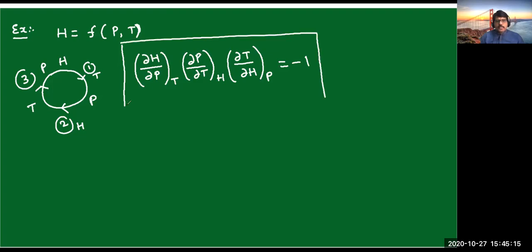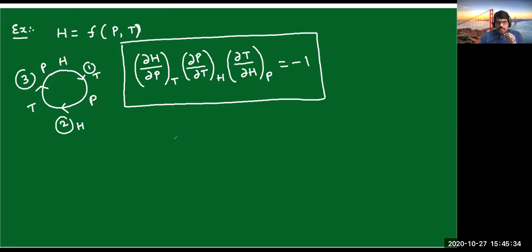But most importantly, whether the given expression is according to cyclic rule or not, how to identify. See, for example, in this, there are 3 variables: enthalpy, pressure, and temperature. In fact, there are 3 terms.